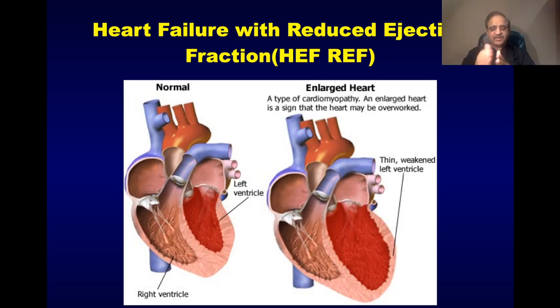So in the left side of the picture, the left ventricle is dilated. The patient is suffering from heart failure with reduced ejection fraction. There is an increase in the left ventricular end-diastolic volume.